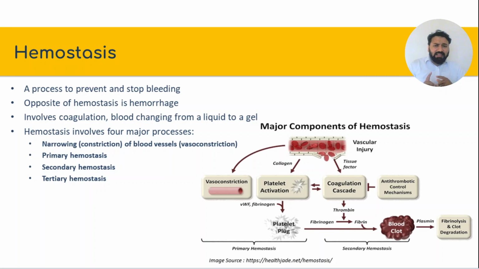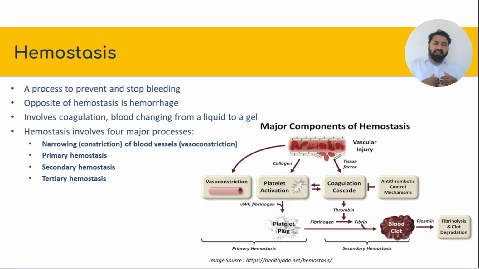So first, the narrowing or constriction of the blood vessels, vasoconstriction, occurs. In the primary hemostasis, there is activity of cell-like blood particles that help in blood clotting, known as platelets. In the secondary, there is activity of some proteins found in the blood that work with the platelets to help the blood clot.